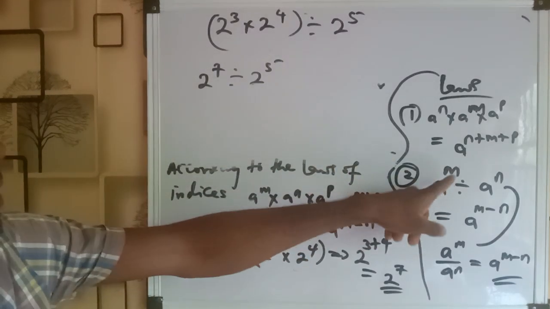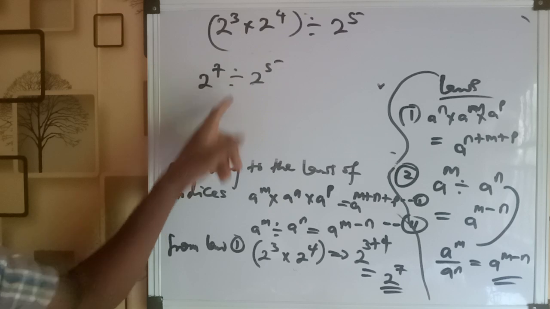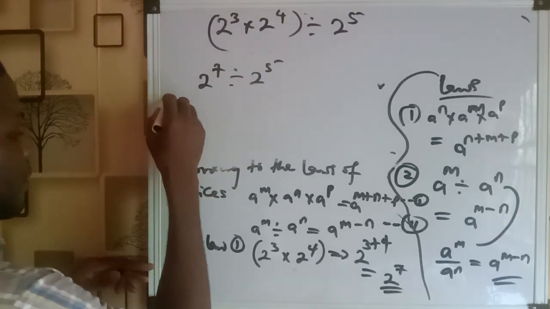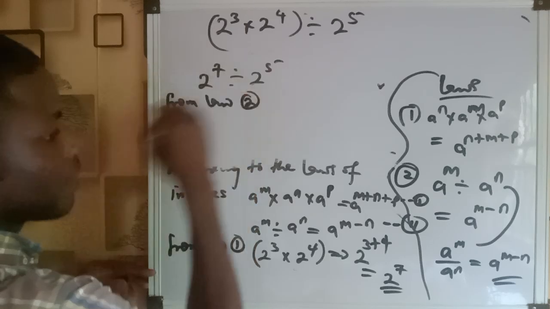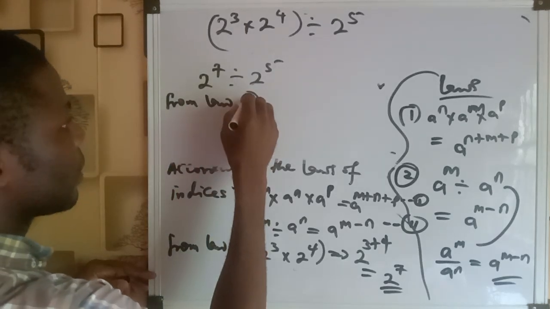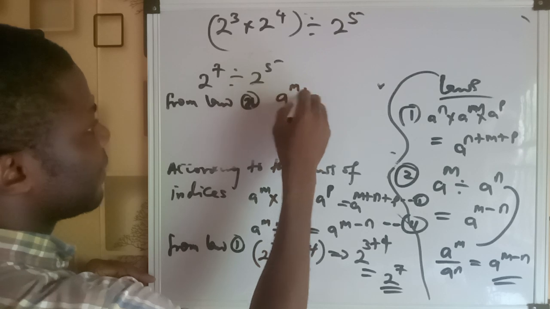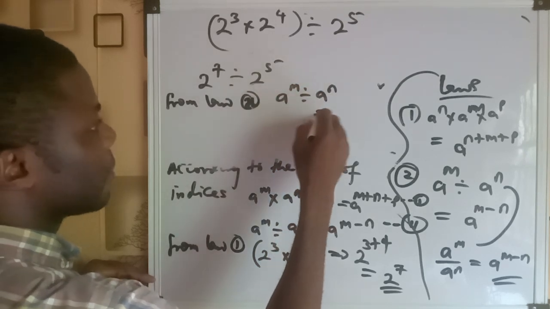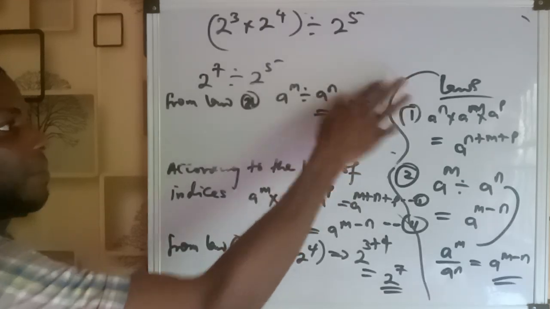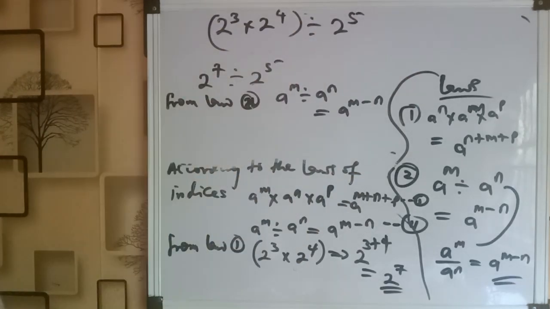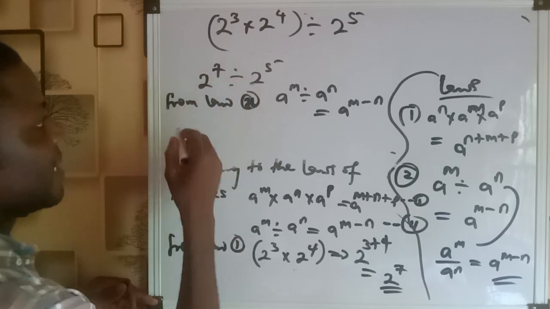So, having done this, we now apply them to this. From law 2, a power m divided by a power n equals a power m minus n. Concept established. Now you apply it to the problem, where the bases are the same.